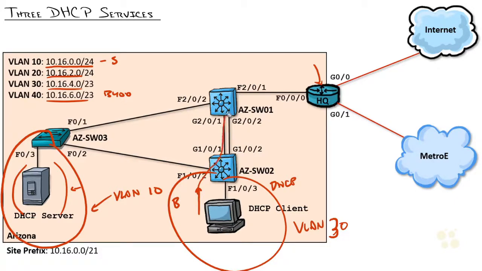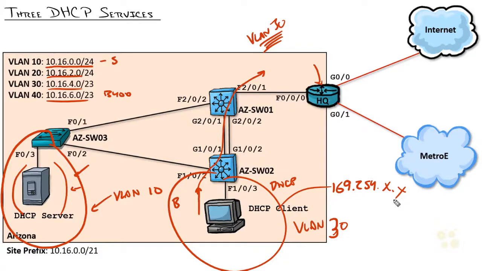That will go out and hit every port that belongs to VLAN 30. What about that guy? He will never hear that message. He will never see that DHCP request, and it will die. It will not get an IP address. Actually, if it's any modern device, it will auto-generate one of those 169.254 addresses, which is what a DHCP client does when it doesn't get an IP address, right?